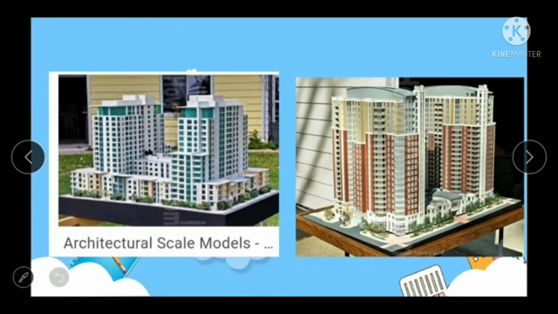Some engineers also use this similarity concept in making models of bridges, ships, automobiles, and you can also see in your classroom whenever you study social science, you can see the maps. Globes also are similar to the original shape.